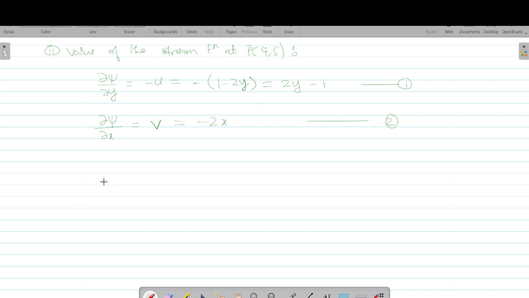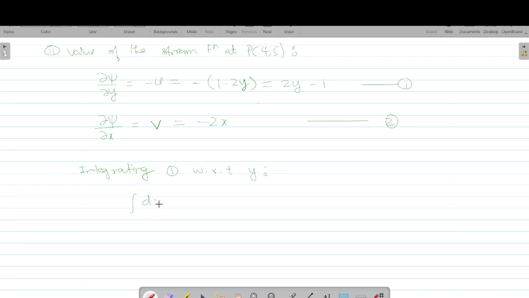Let's see how we can solve for ψ. Integrating equation number 1 with respect to y: as you can see there is no x term, so I'm just going to simply integrate it with respect to y, and it will make it very easy. I can remove the partial derivative sign, as we have only one variable, y.